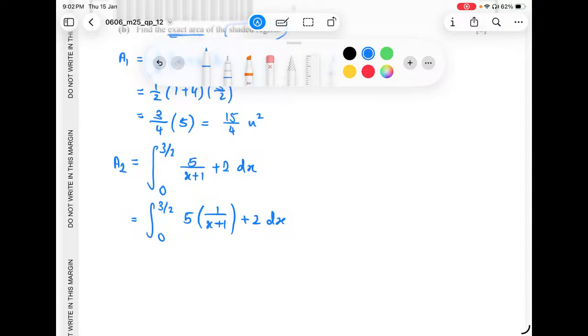From the ln x rule, when you integrate 1 over x, you will get ln x. So that's the property you need to remember to integrate this portion. So this portion corresponds to this.